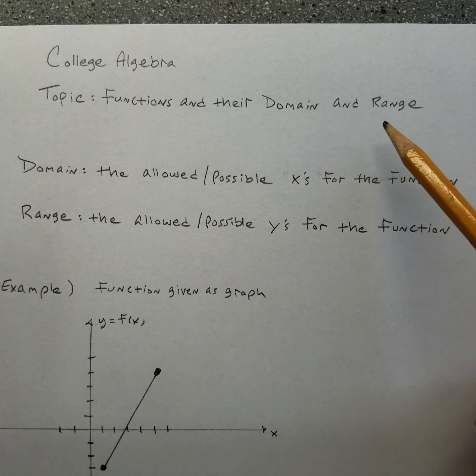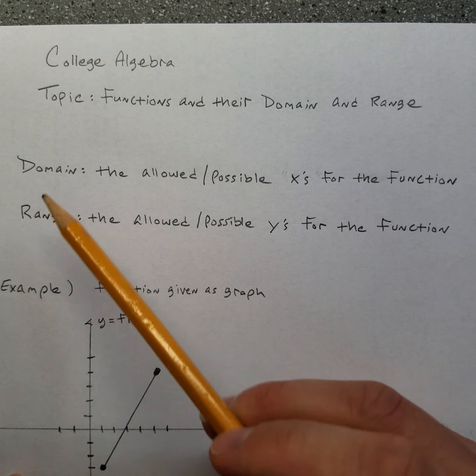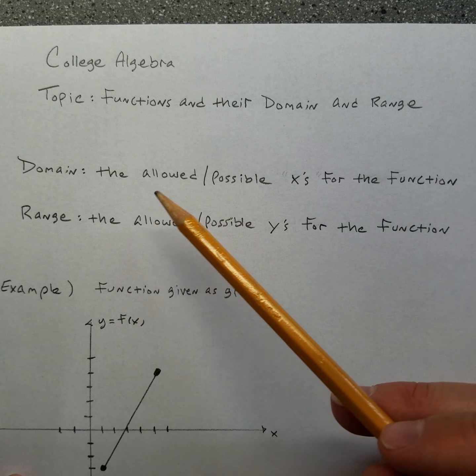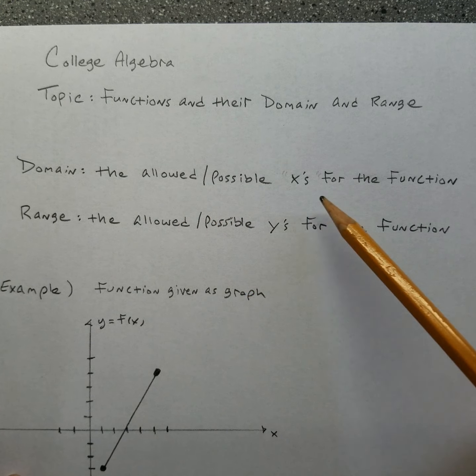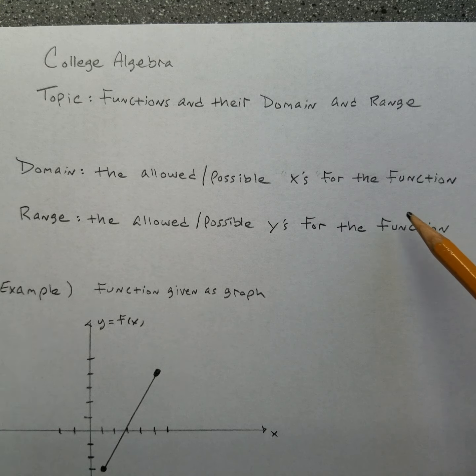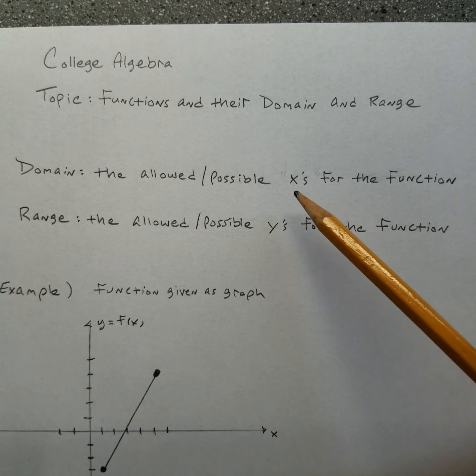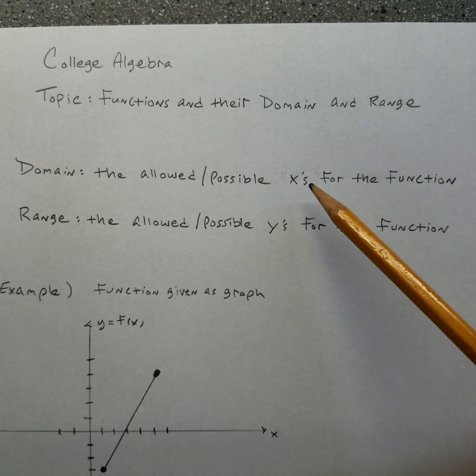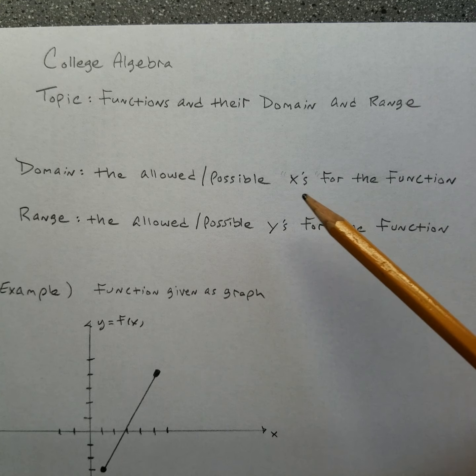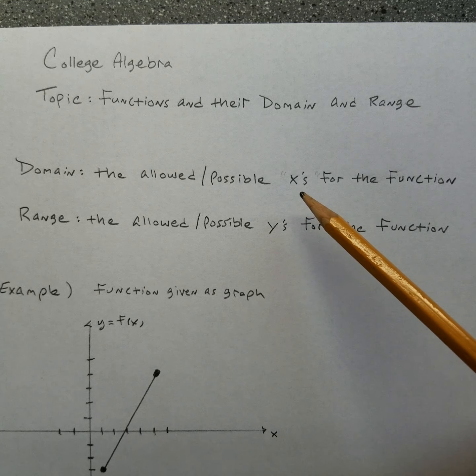Here's what domain and range means. The domain of a function are the allowed or possible x's for that function. And sometimes people say the domain just means the x. I don't know, if that works for you, go for it.